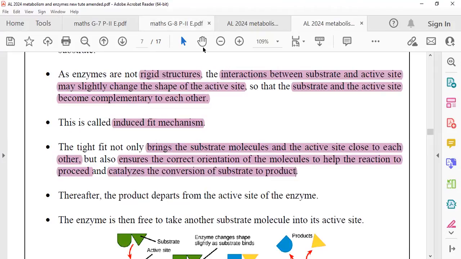Second one, I have to explain a little. Let's say like this. Here there is A, B, a molecule.